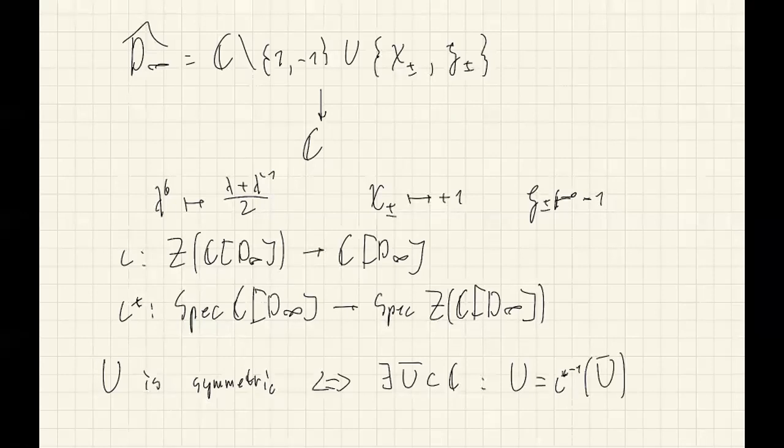Yeah, that's easy because the only place where this map fails to be bijective is the double points. So actually, this map is the resolution of double points. It just collapses those double points into ordinary classical points.